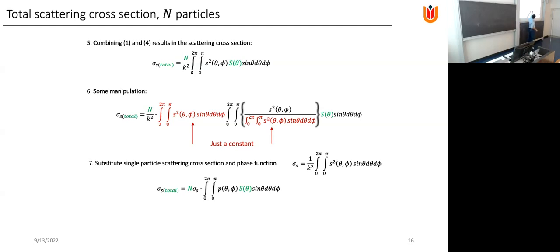And there we can use the fact that we are now normalizing this into the phase function. So we can write an even more compact version of the total scattering cross section as n times the scattering cross section of a single particle plus this term that is the integral of the phase function times the structure factor integrated over the sphere.